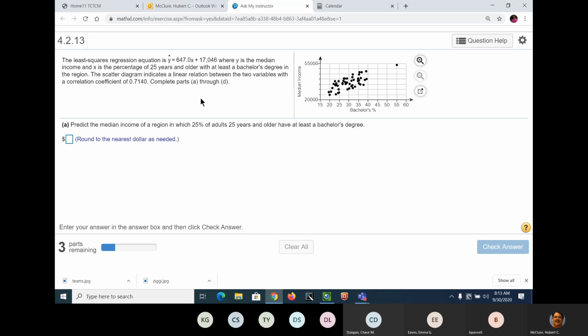Y hat is equal to 647 times X plus 17,046. And I'm going to draw a little picture here. I'm trying to draw everything that's on the question so I won't have to go back and forth.